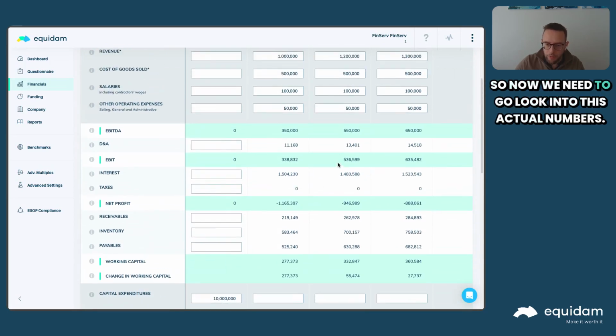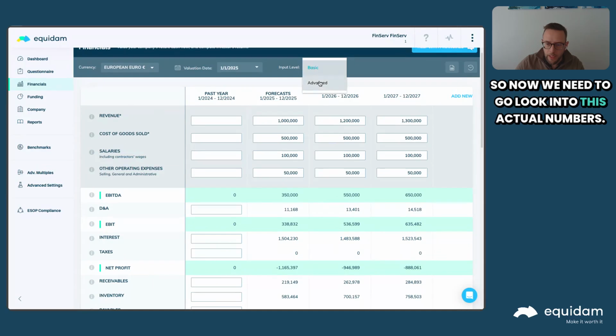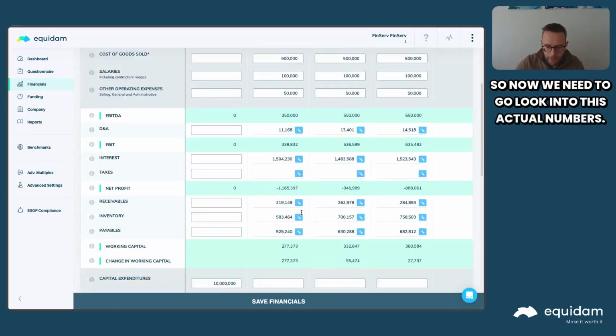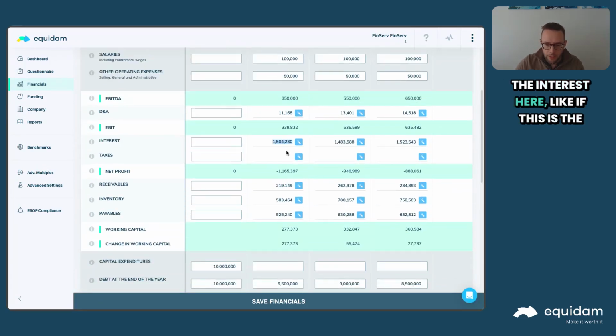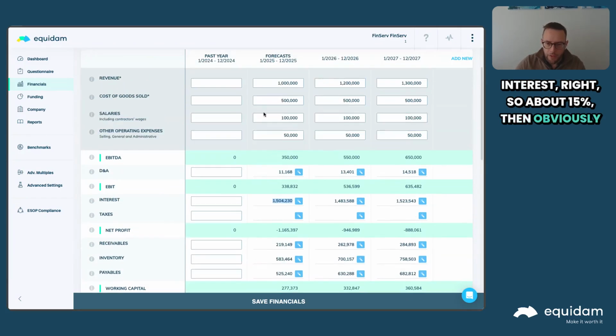Now we need to look into the actual numbers. If this is the interest, about 15%, then obviously our rental income needs to be a lot higher.